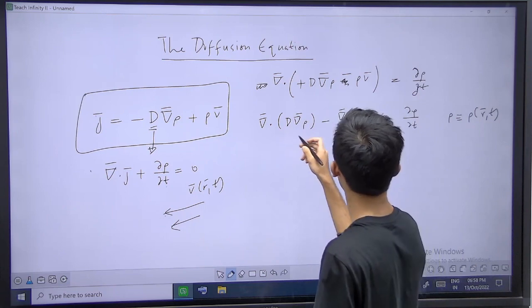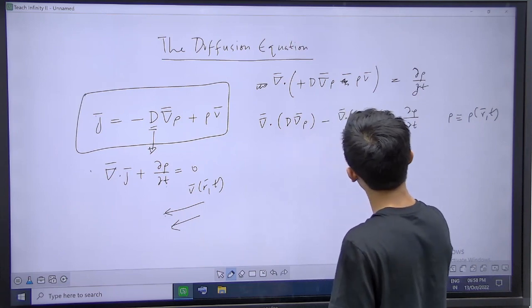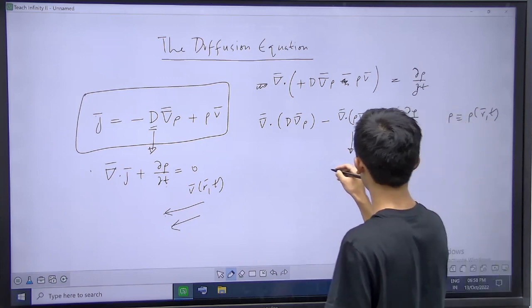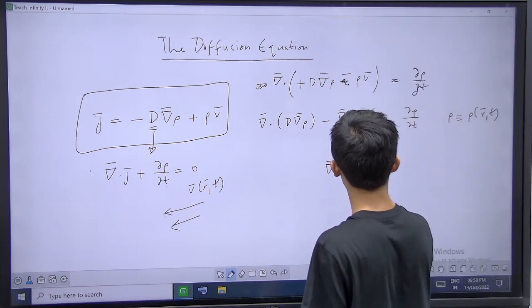So to expand this, obviously we can apply the product rule.